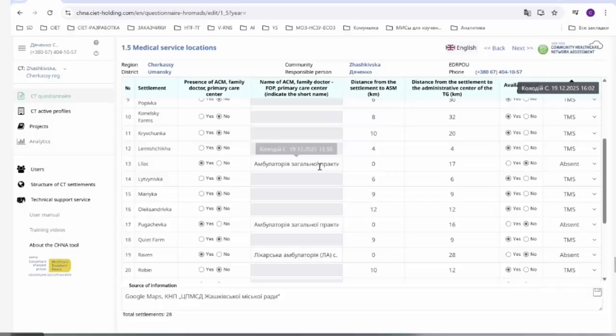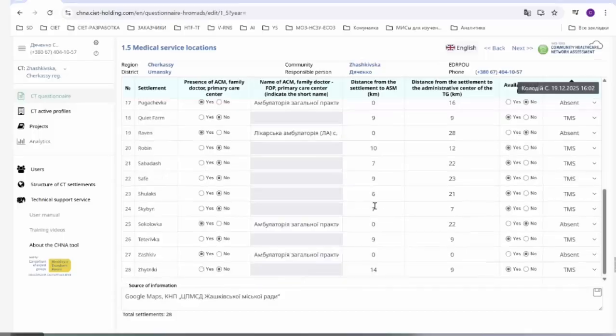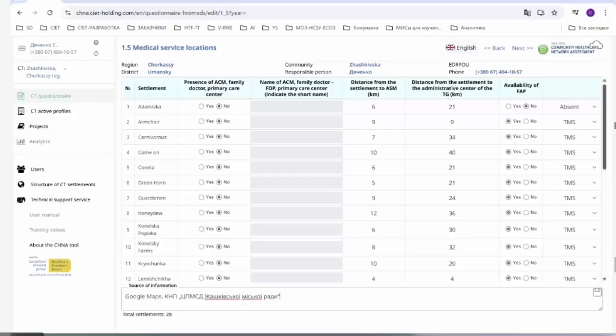Because you explained that, as a legacy of the Soviet Union, we have a network mostly composed of FAPs instead of primary healthcare facilities like ambulatories, and this is a problem. They are non-physicians, but they work as assistants of primary healthcare physicians, family doctors.